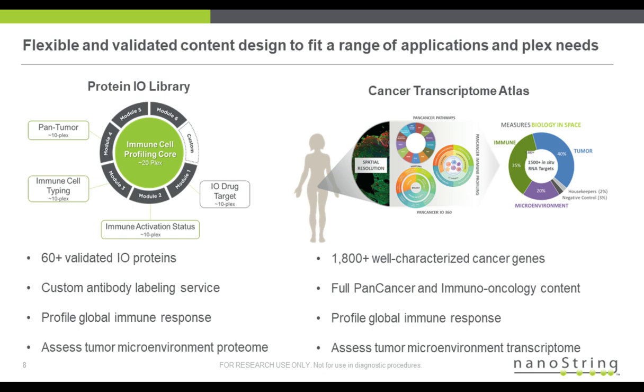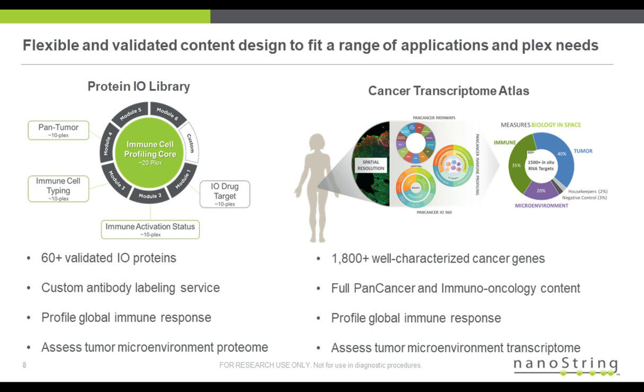But here we have a panel that's called our Cancer Transcriptome Atlas. And this really contains the vast majority of genes that are necessary to characterize tumor immune interactions. It contains all of the best targets from our most popular nCounter panels, including IO360, pan-cancer pathways, pan-cancer immune, as well as additional targets that we have come to appreciate are important in regulating those tumor immune interactions.